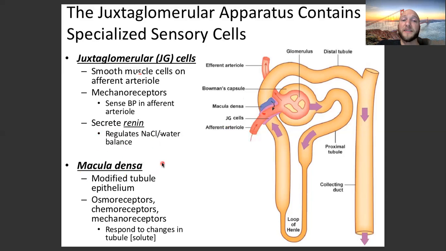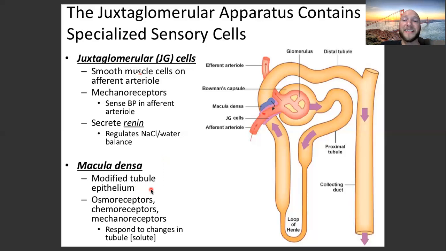The macula densa is another set of these sensory cells right in this area. So we have this macula densa, it's modified tubule epithelium. So the macula densa are this dark blue purplish color right here. Modified tubule epithelium.